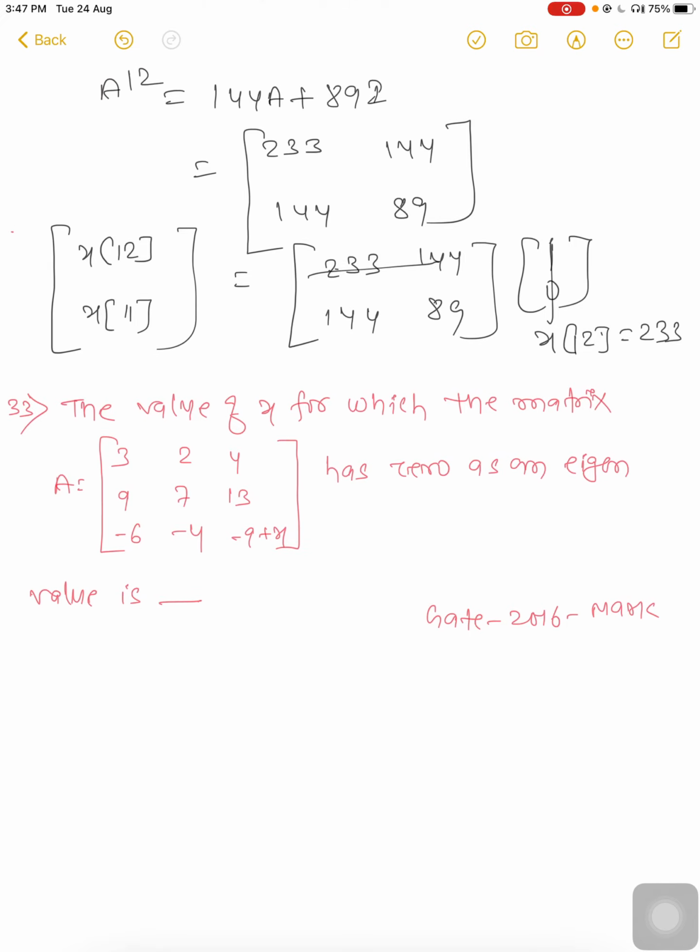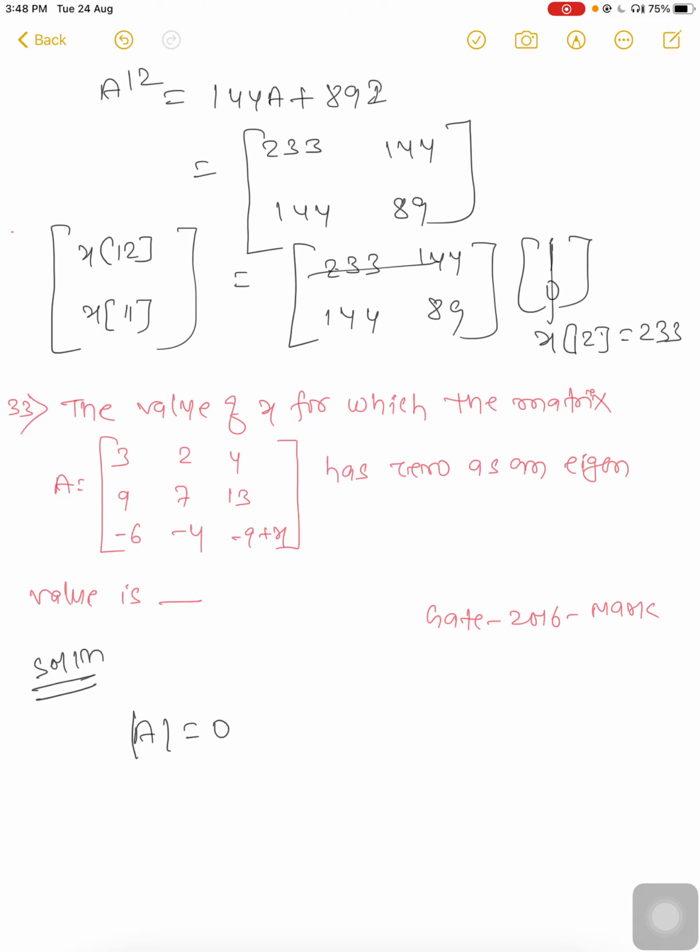Next question is asked in 2016. The value of x for which the matrix A has 0 as an eigenvalue. 0 as an eigenvalue means multiplication of all eigenvalues will be 0, and then the determinant also will be 0.